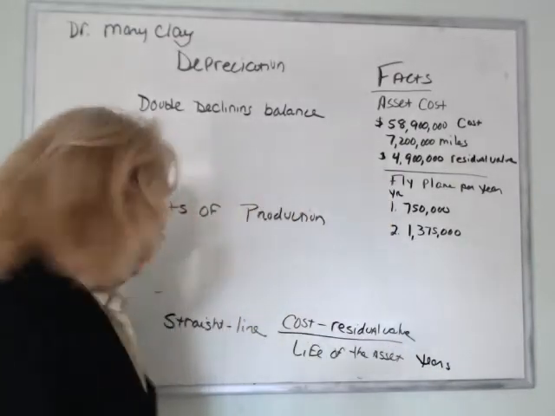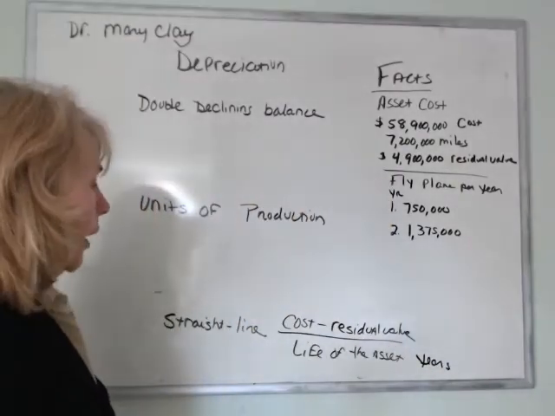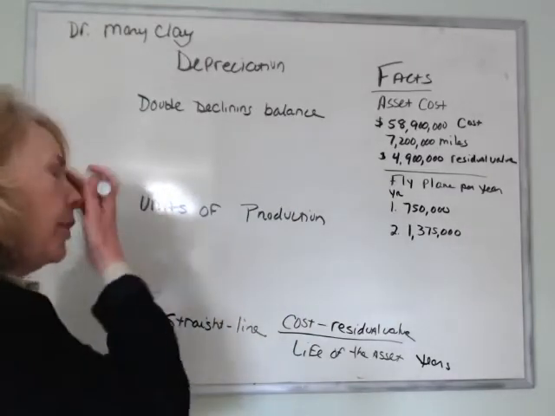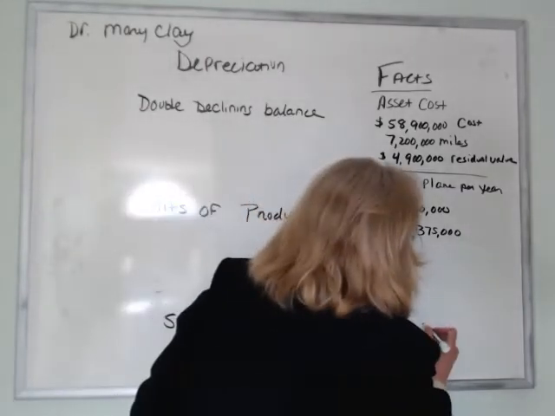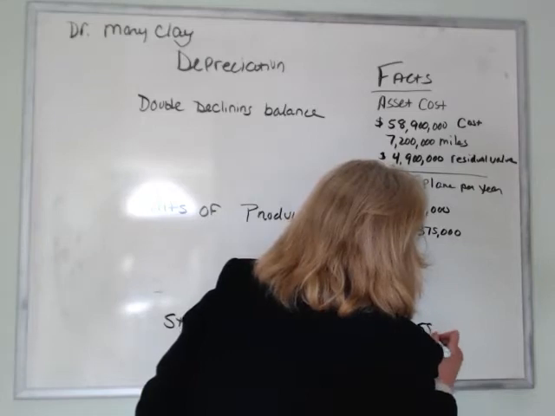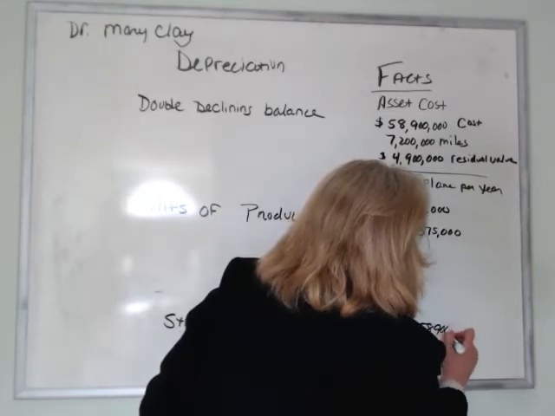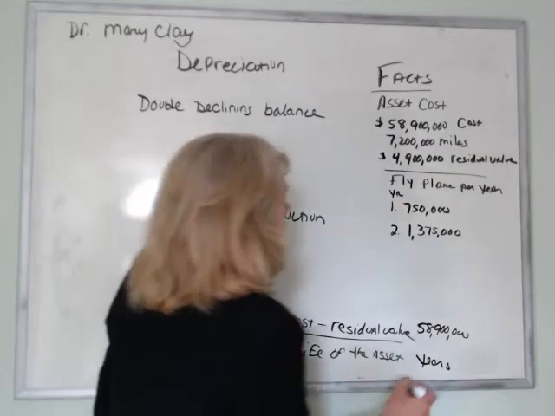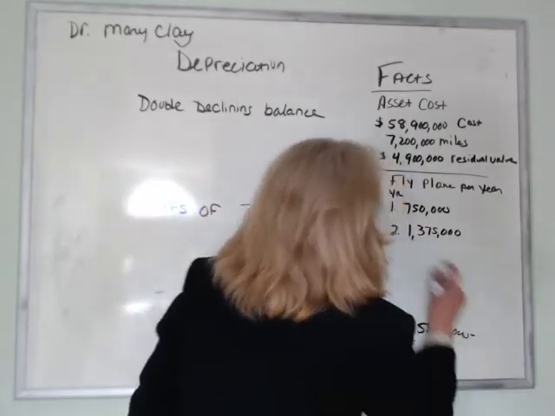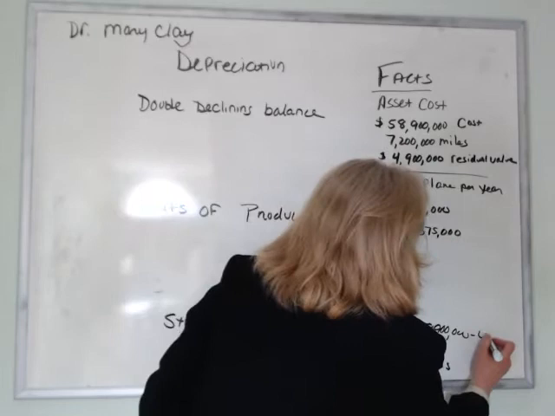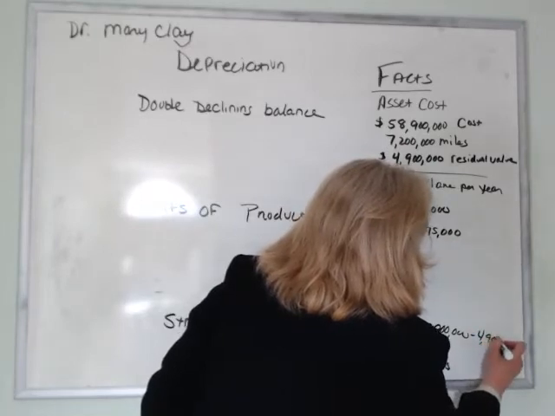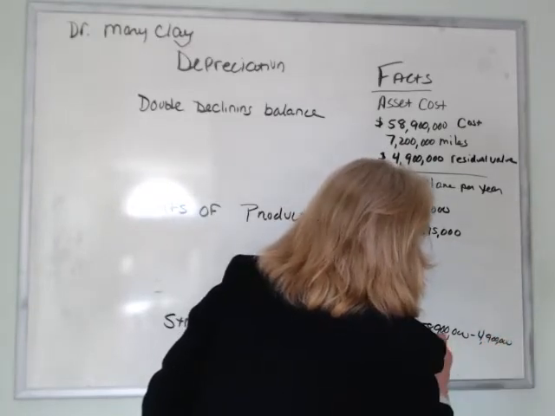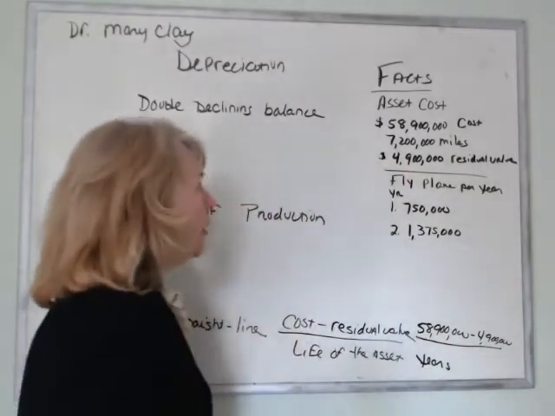Okay? All right, so we're going to just input these numbers. 58,900,000. That was the cost of the asset. We will subtract out the residual value, which is 4,900,000. And we'll divide that by the number of years.